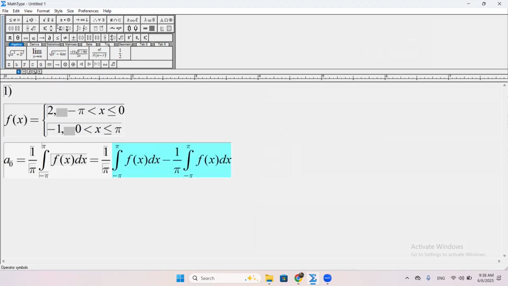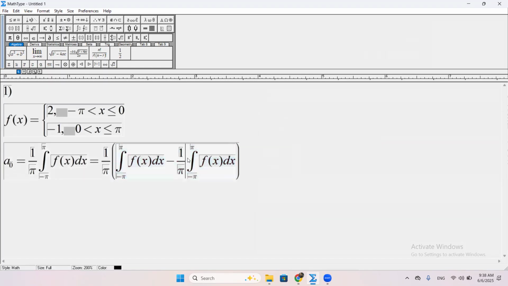So from minus p to 0, 2 dx, and from 0 to p, minus 1 dx.